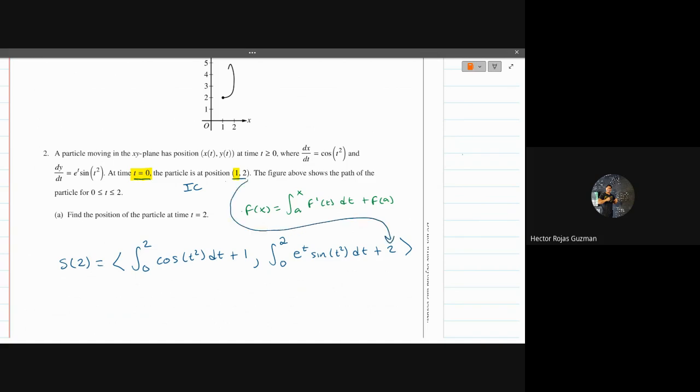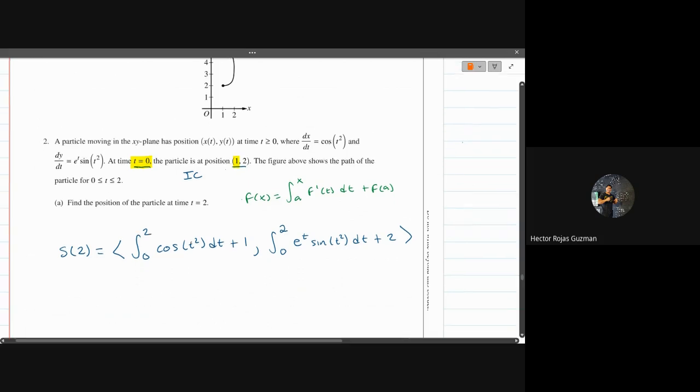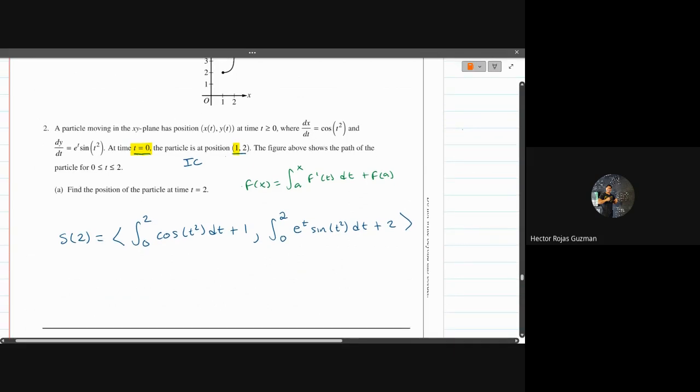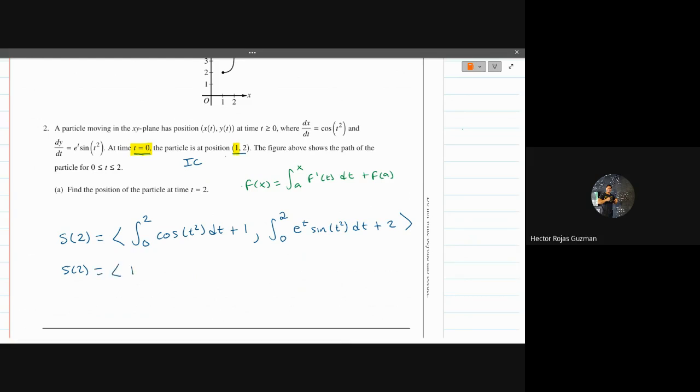Now, this is going to have to be done with your calculator. There's no other way around that. So S of 2 equals 1.461, comma, 4.268. That's the position of the particle after 2 seconds.